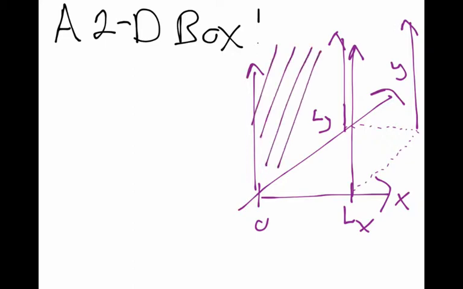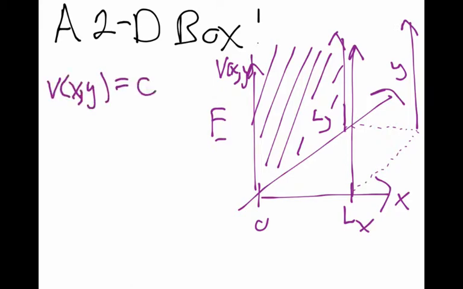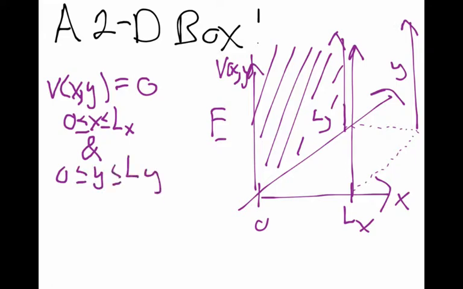So we're going to make the potential have an infinitely high wall now at each of those four sides. The potential is going to be a function of x and y, and it's simple again: it's 0 if x is inside 0 and L sub x, and y is inside 0 and L sub y, and then it immediately goes to infinity everywhere else outside the box.